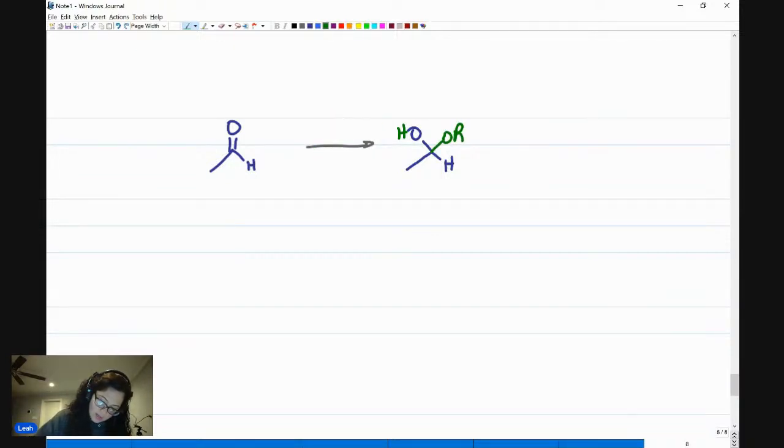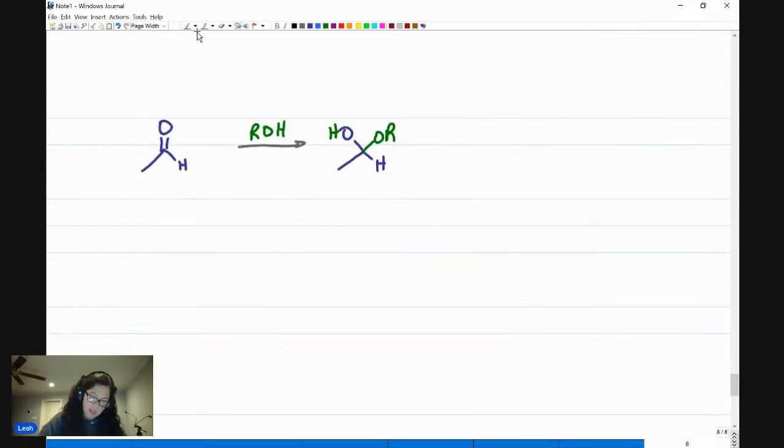So just ROH. The shortcut for showing this product is very simple. Break the pi bond, put a hydrogen on the oxygen, and put the OR group right there. That gives me my first step, my intermediate.